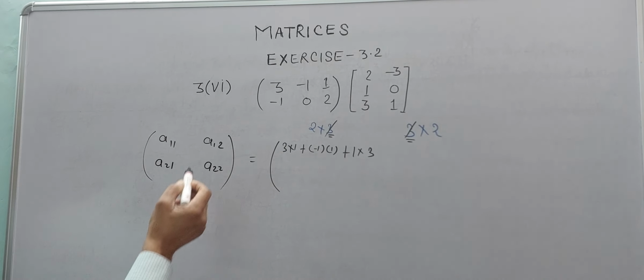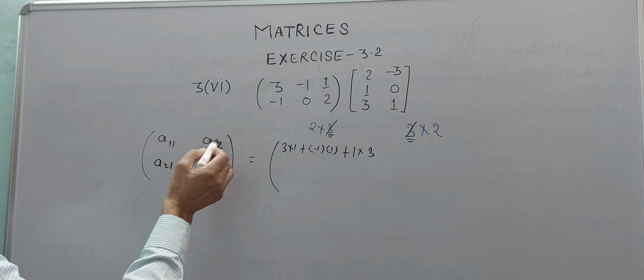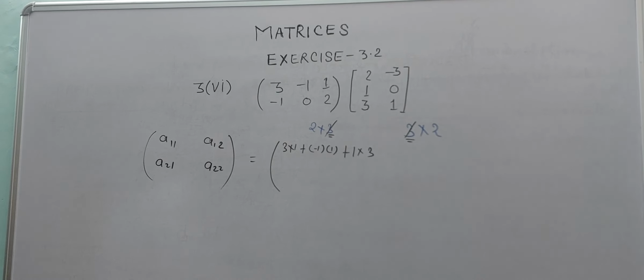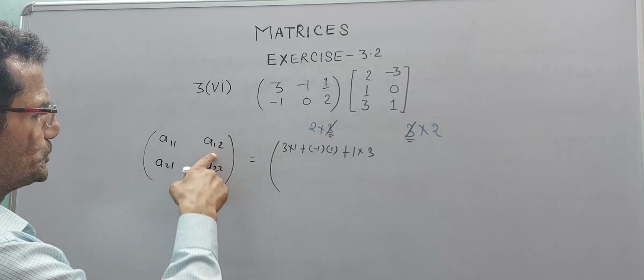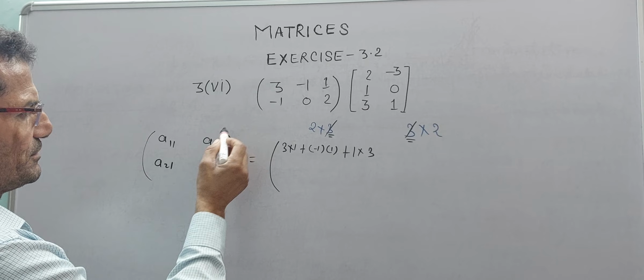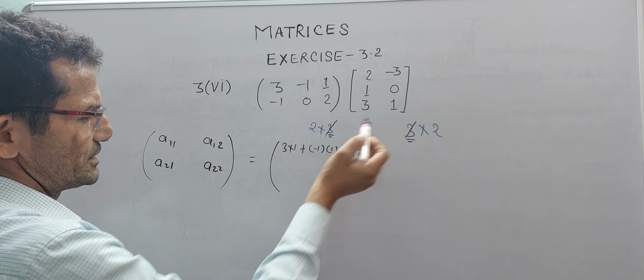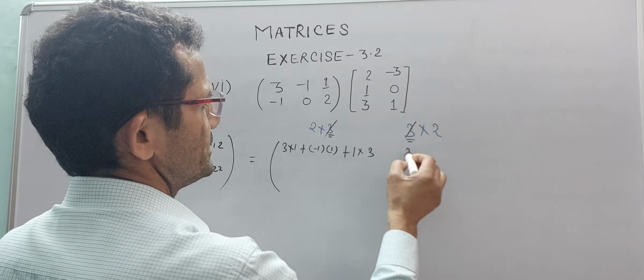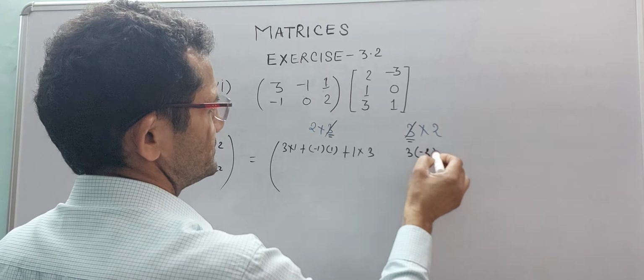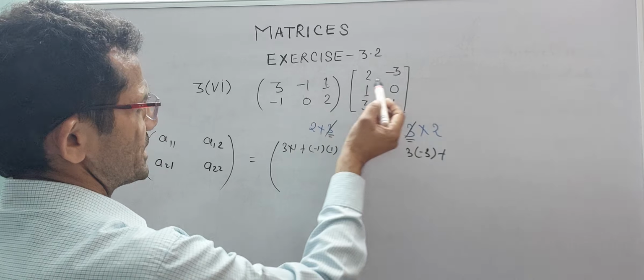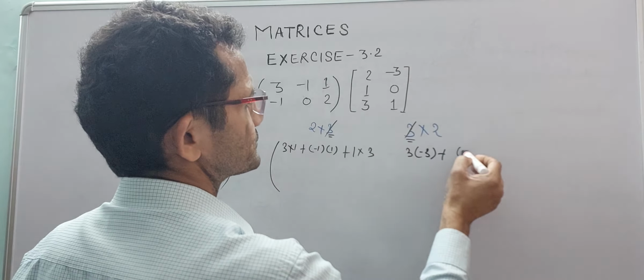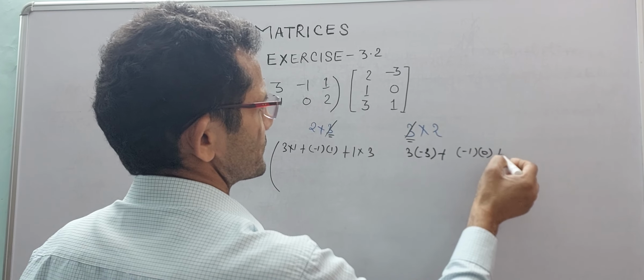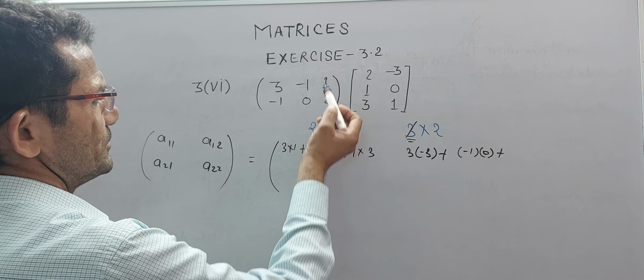And now for calculating the first row and second column element, that is A12, take the first row of the first matrix and the second column of the second matrix. So 3 multiplied by minus 3 plus minus 1 multiplied by 0 plus 1 multiplied by 1.